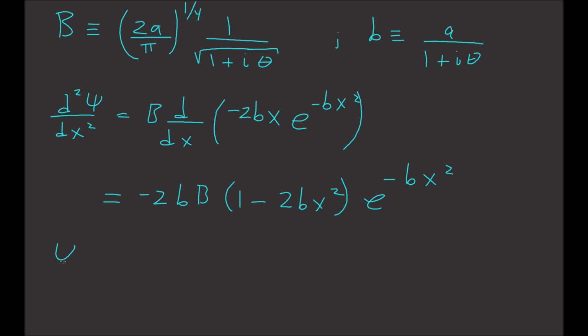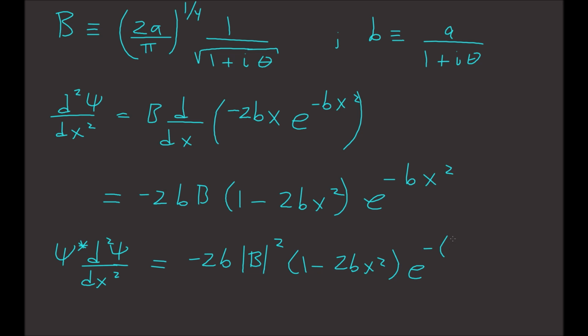Alright, so now psi star times the second derivative of psi with respect to x is equal to minus 2 times b times the modulus squared of big P times 1 minus 2b x squared times e to the minus b plus b star times x squared.